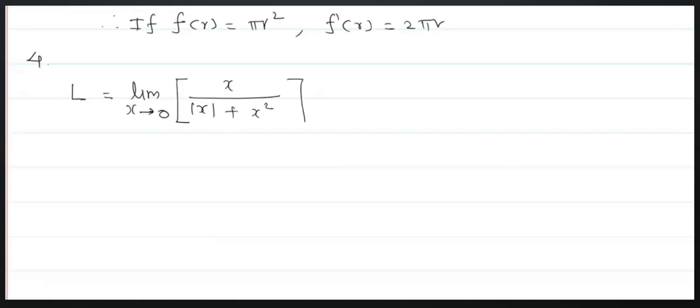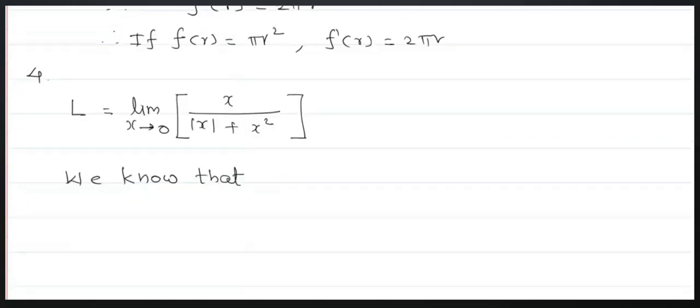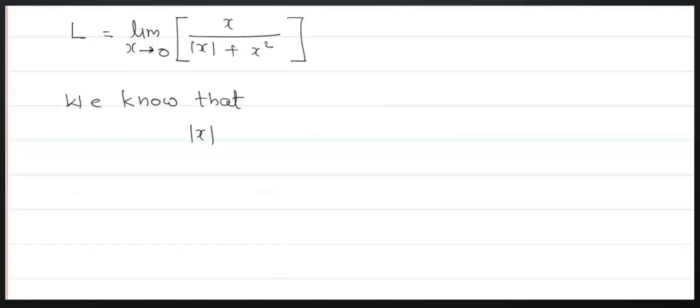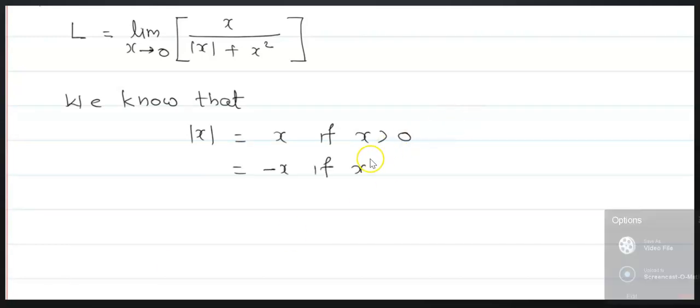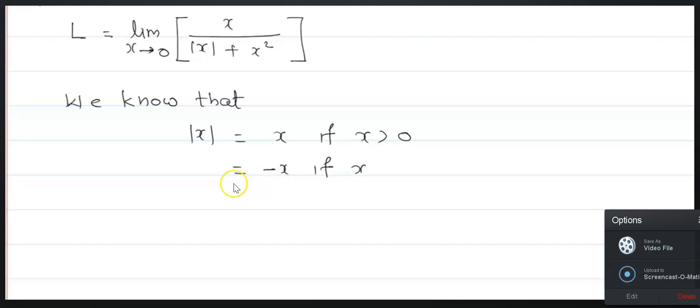Next is the fourth one: limit x tends to 0 of x upon mod of x plus x square. We know that the mod of x is equal to x if x is positive, that is x greater than 0, and equal to minus x if x is less than 0.